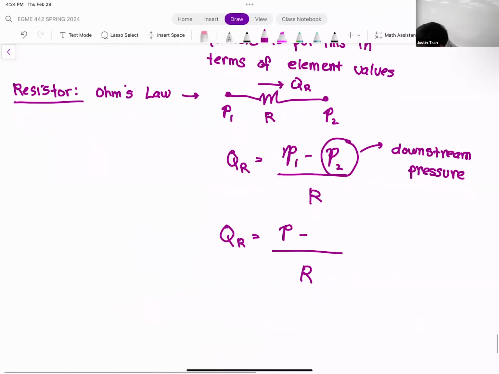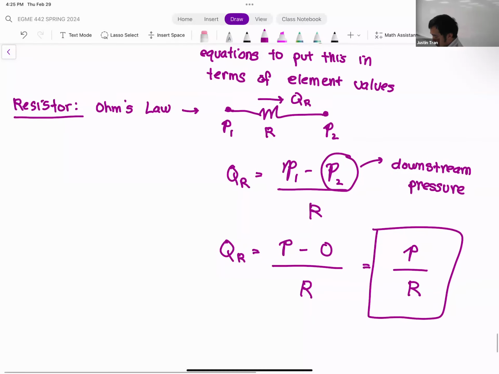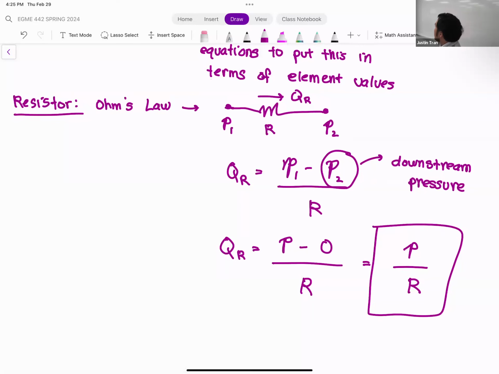And so if we plug in 0 for P2, this tells us that our flow over the resistor is just P divided by R. All right, any questions on that? Okay.